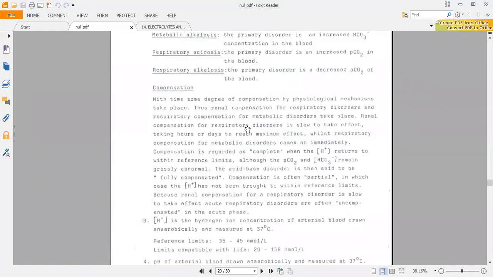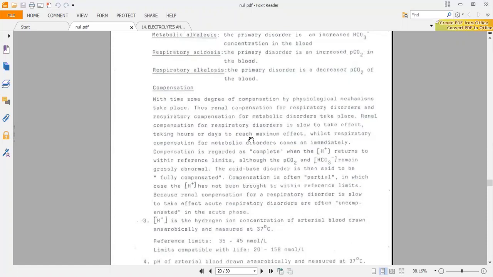So if someone comes with a metabolic condition at the initial phase where the respiratory system is compensating, that compensation is not complete. Then I said that if someone has a respiratory cause, whether respiratory acidosis or respiratory alkalosis, the lungs do not participate in the compensation because now the pathology is with the lungs. So in this case, only the kidneys are going to compensate.